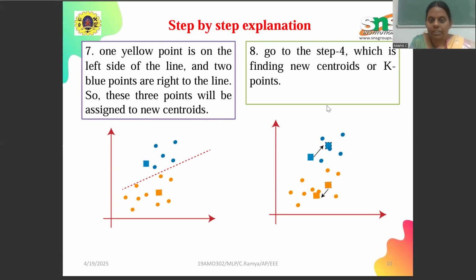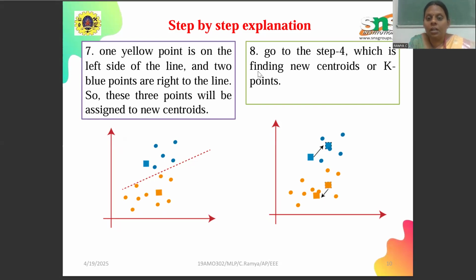Coming to the final one, that is, go to step 4. If required, check whether it meets the final model, or if there is any requirement of assigning a new centroid, again assign the new centroid point, go to step 4, do the process workflow again, and finally find your model.